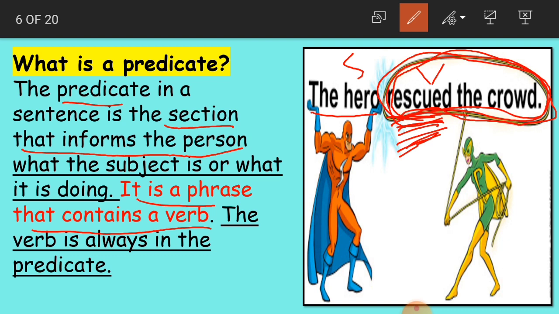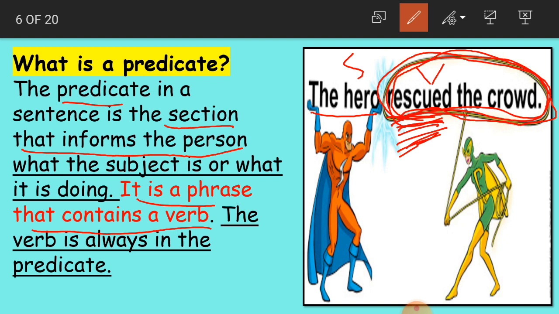Okay, children, remember? So what is a predicate? A predicate is a part of a sentence which is going to inform about the subject, like what it is doing. Clear, children?